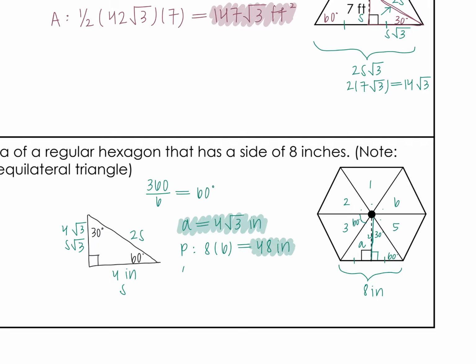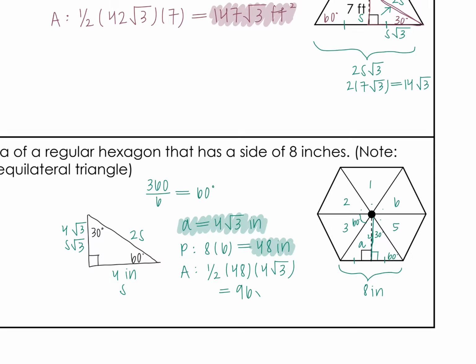And then lastly, to figure out my area, I'm going to just plug in, we've got our 1/2, our perimeter, 48, times my apothem, 4√3. Okay, so I'm going to take half of that 4, which gives me 2. 2 times that 48 is going to give me 96.